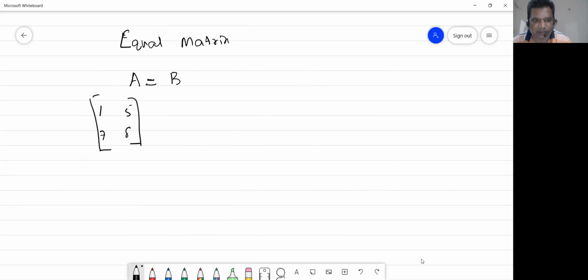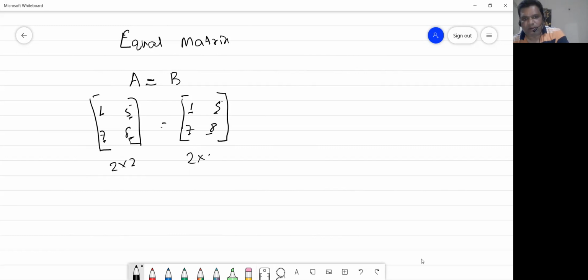I am writing another matrix, B matrix: 1, 5, 7, 8. This is called equal matrices. That means the first element is equal to the first element, the second to the second, the third to the third, the fourth to the fourth. What is the order? 2 into 2.